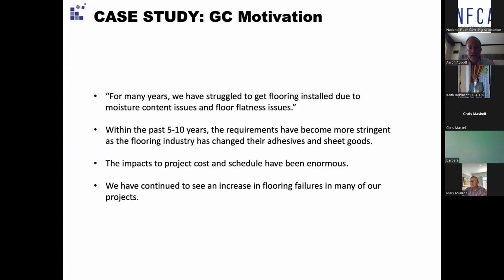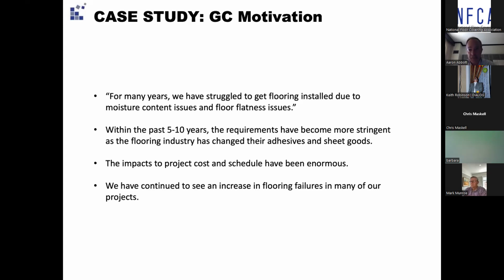So why was Sellen motivated to try this proactive approach at Swedish hospital, and what were their motivations? These are some things they told us. They said, for many years, we've struggled to get flooring installed due to moisture content issues and floor flatness issues. Recently the requirements have become more stringent as the flooring industry has changed its adhesives and sheet goods.